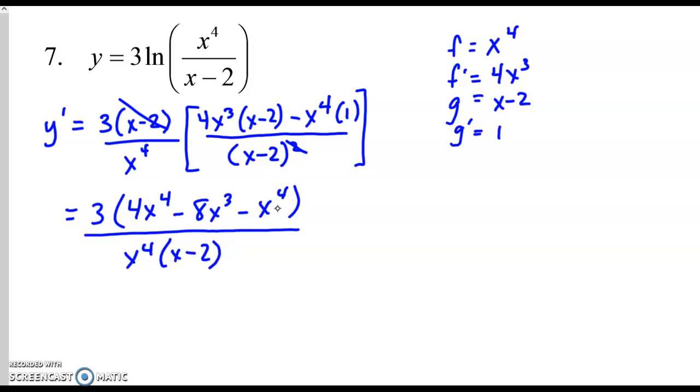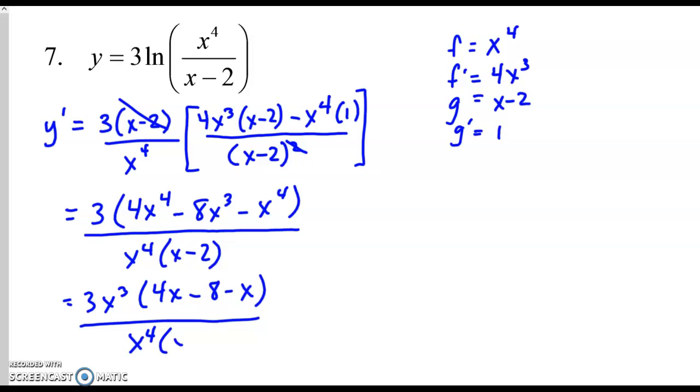Now let's take a common factor out of that numerator, 3 x cubed. We'll leave 4x. Oh, I could have combined those like terms. Oh well. 4x minus 8 minus x, all over x to the 4th, x minus 2.